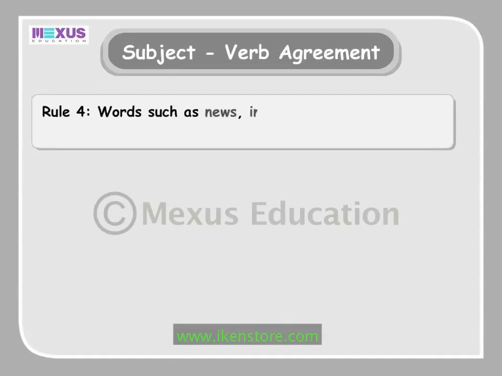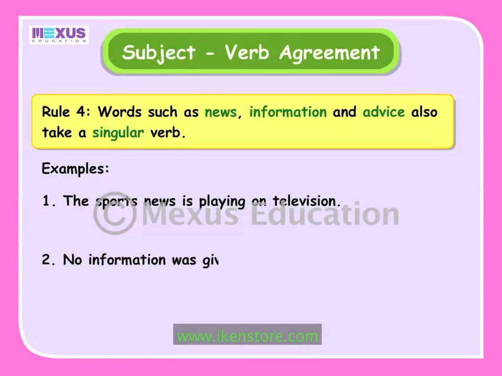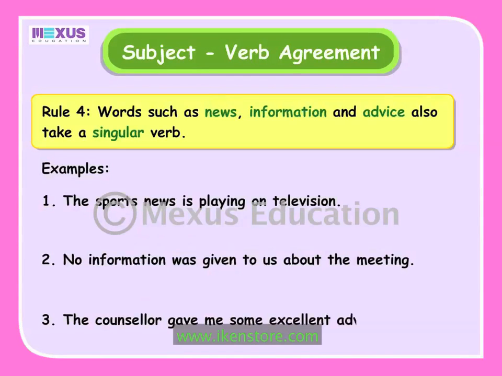Words such as news, information, and advice also take a singular verb. For example, the sports news is playing on television. No information was given to us about the meeting. The counselor gave me some excellent advice.